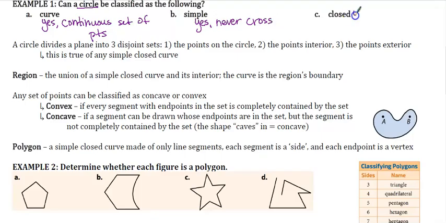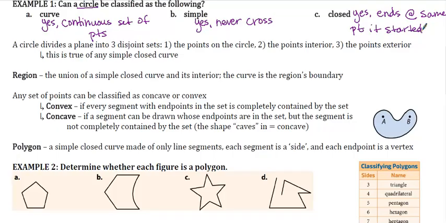So yes, a circle is closed too, because it ends at the same point it started. So a circle is a curve, it's simple, and it's closed. So we might call it a simple closed curve, if you want to put those all together.